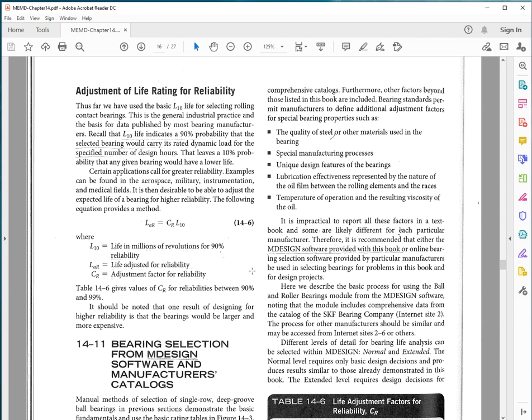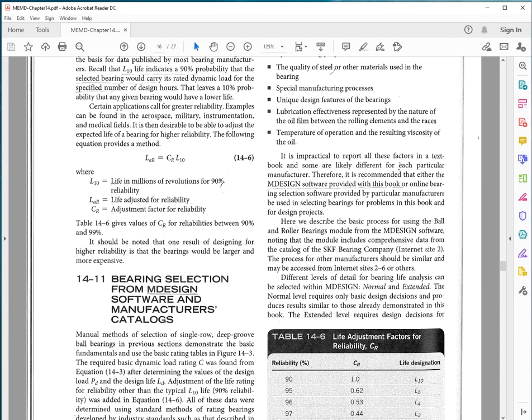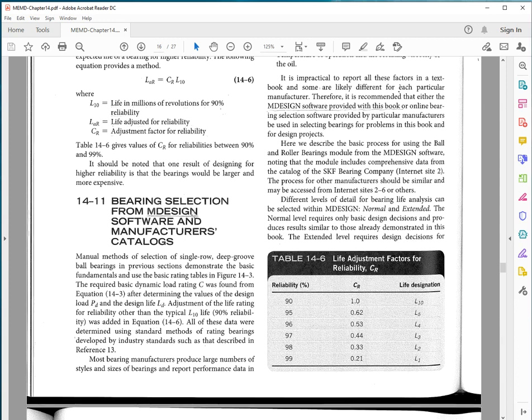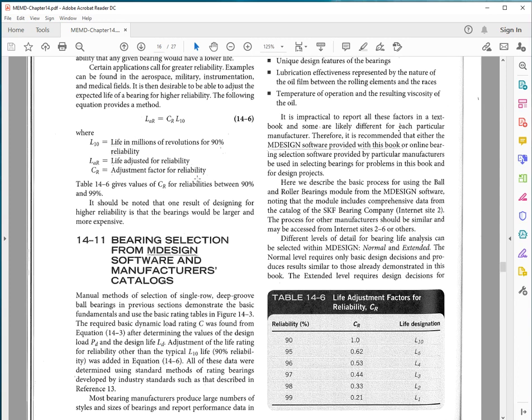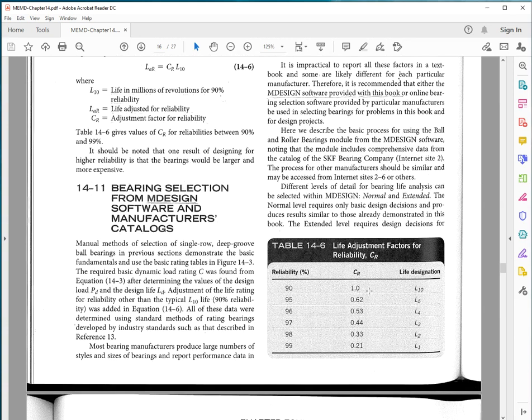So that's 90% reliability. If we want to go to a higher reliability than 90%, or 10% probability of failure, we need to make adjustments, and the life adjustment factor for reliability, C_R, is listed here.